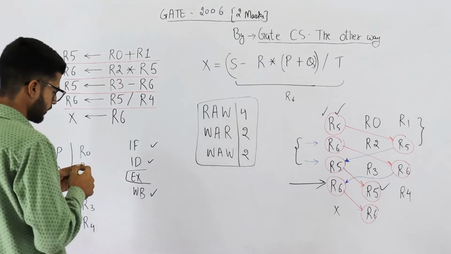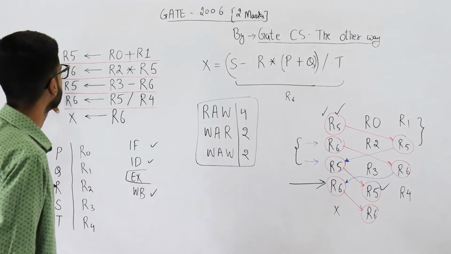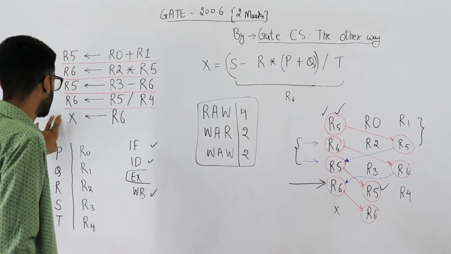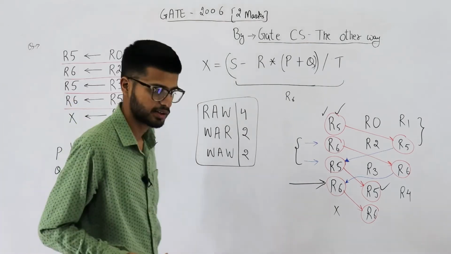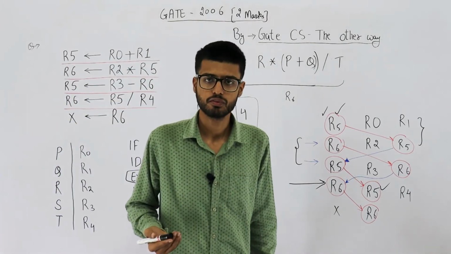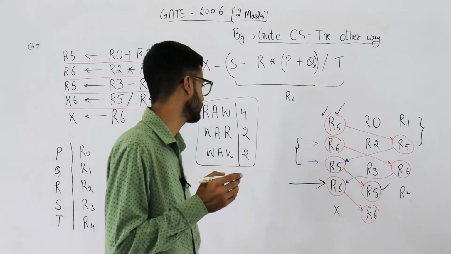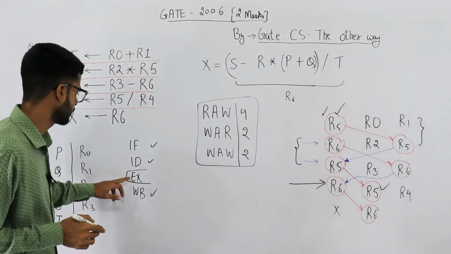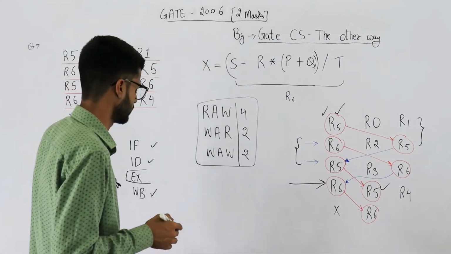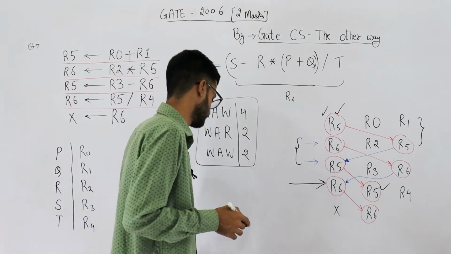Now how many clock cycles in total is this code going to require if we use operand forwarding from stage EX to ID, I guess. Yeah, EX to ID.